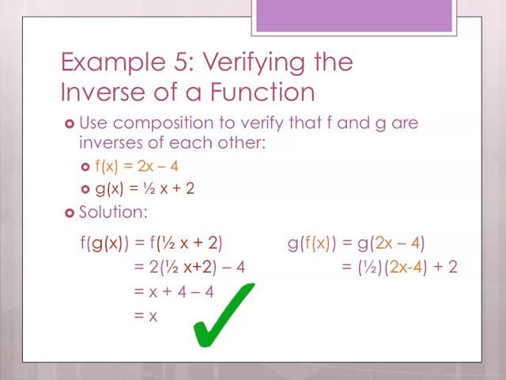Distribute the 1/2, that leaves us with x minus 2 plus 2. The minus 2 and the plus 2 cancel, and that leaves us with x. And because we were able to show that this works in both cases, composing in both directions, we're able to show that these two must be inverses of each other, and they both must be one-to-one.